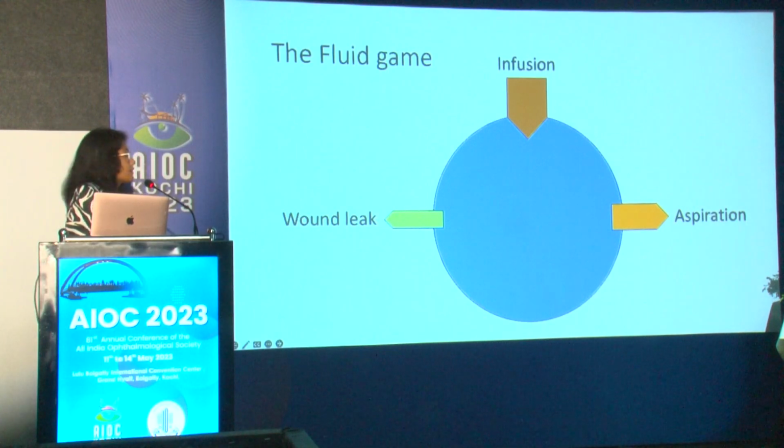So in phacoemulsification, the fluid game has three players: the infusion, wound leakage, and the aspiration. The infusion brings fluid into the anterior chamber through the irrigation line, whereas the other two players, the wound leakage and the aspiration, take the fluid out of the anterior chamber.